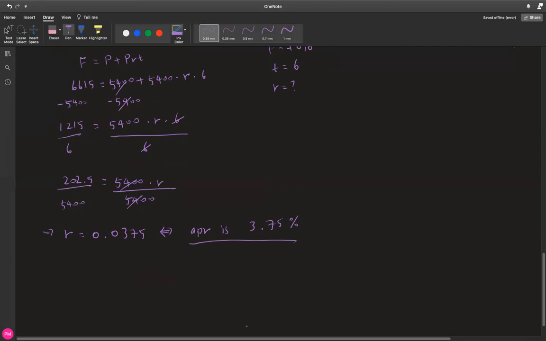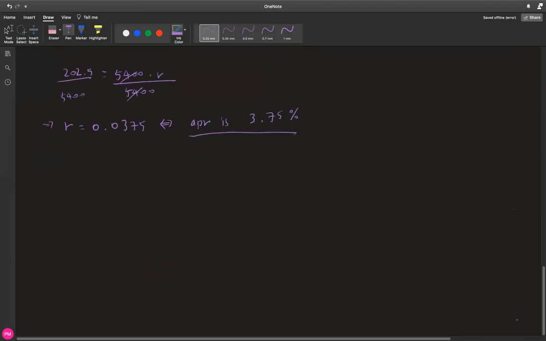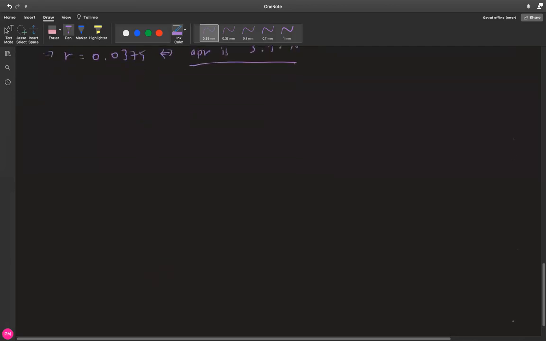Let's do another type of example that involves bond, but this may actually be a little more confusing if we didn't go over it together.